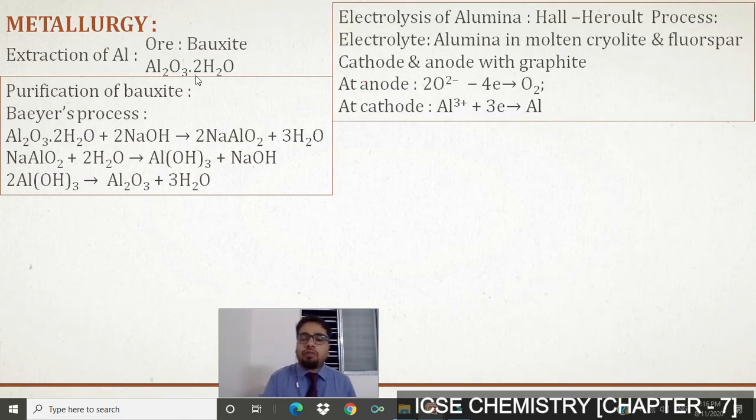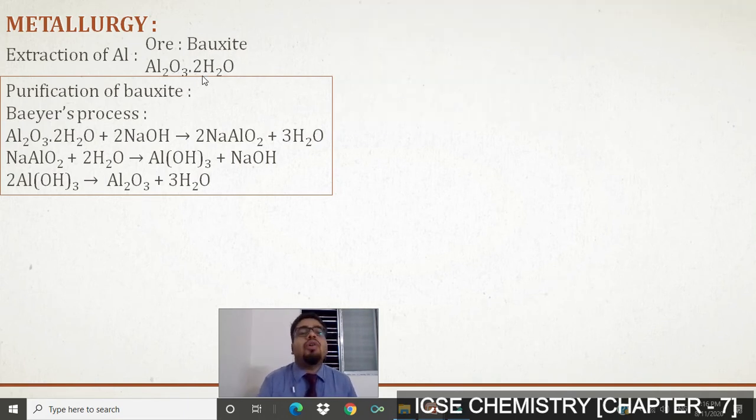We want to remove this water, this impurity. How to do it? There are 3 steps, and this entire procedure of purification of bauxite, or concentration of ore, is known as Bayer's process.